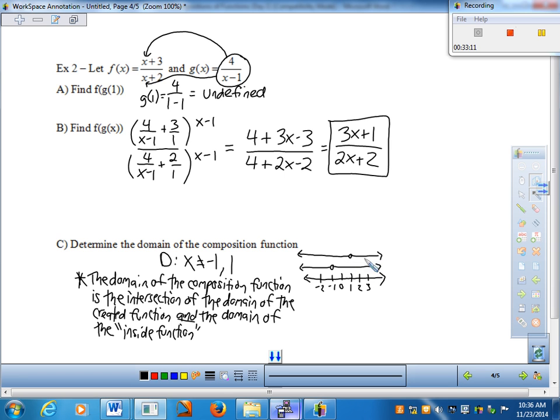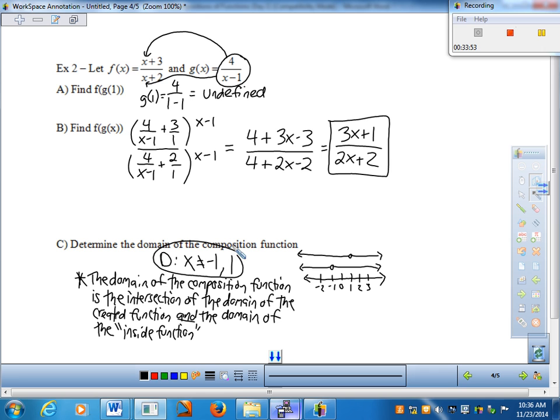So the values that work for both of the domains is everything but 1 and -1. Does everyone see that? Here 1 is excluded, here -1 is excluded, and so the values that have to work for both are everything but 1 and -1. And so you can see this piece unfold.